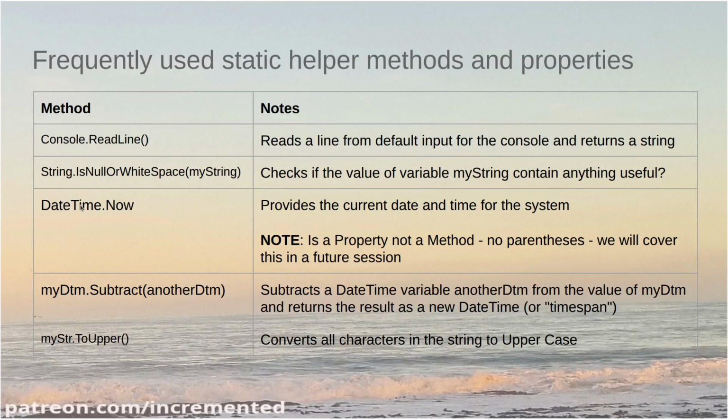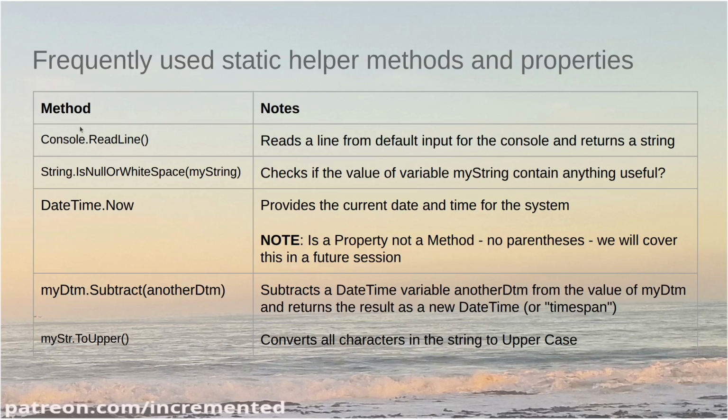Similarly for the DateTime environment, which we'll come to in a few minutes in this episode, similar to String, we have DateTime, and it, for example, is capable of providing us with the current date and time set for our system, and we'll look at that in examples. A lot of this is better to learn from examples than purely looking at documentation or theory.